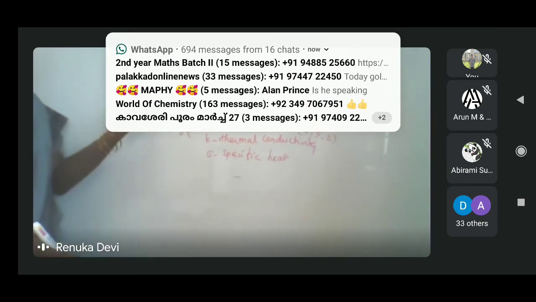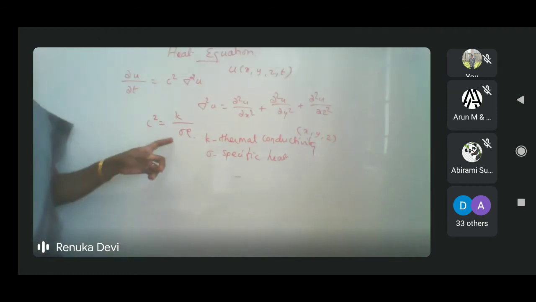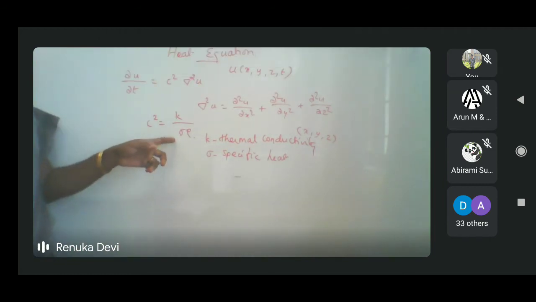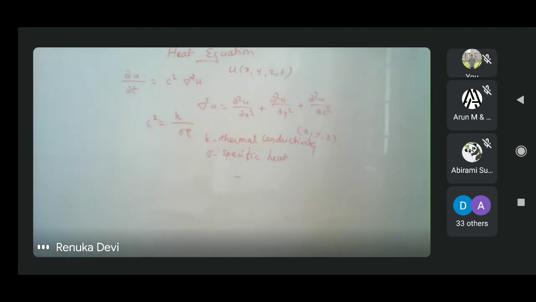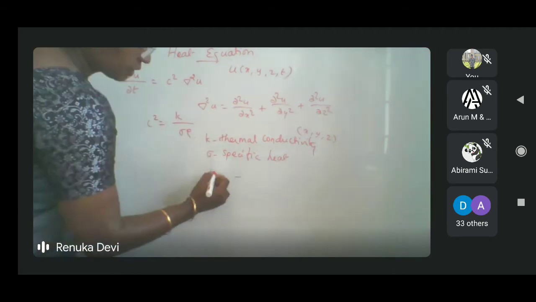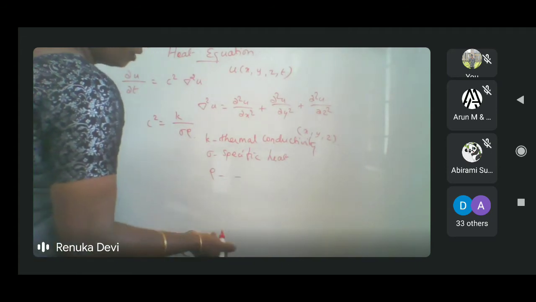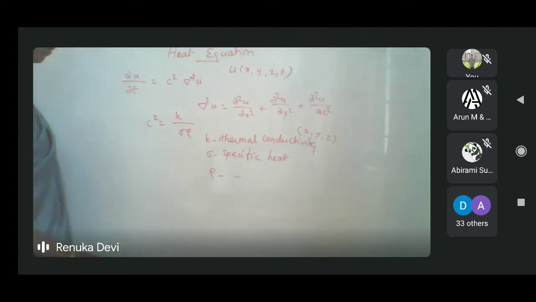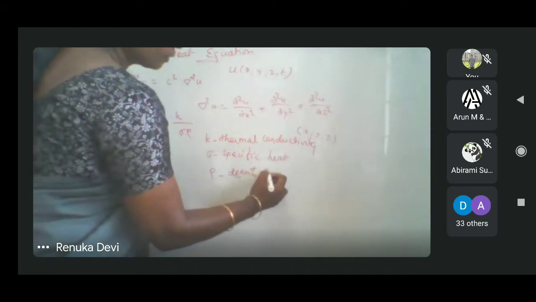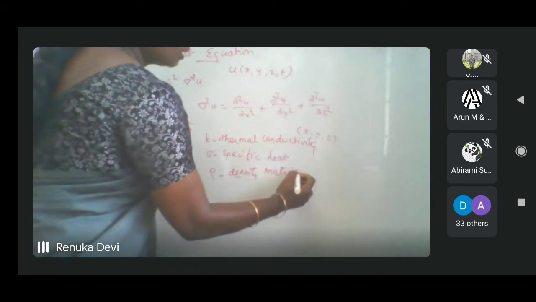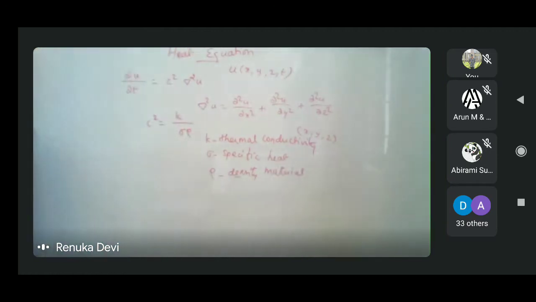So ∂u/∂t equals c² times ∇²u, wherein c² is given by k by ρσ, where k is the thermal conductivity, σ is the specific heat and ρ is the density of the material, whether it is wood or water or anything. One more thing: you have to consider the material to be homogeneous.